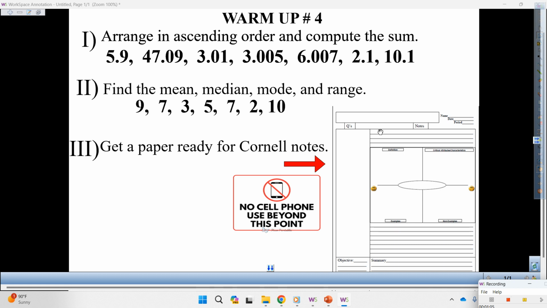Let's go! Ascending order for number 1. What did you get? 2.1, 3.005, 3.01, 5.9, 6.007, 10.1.